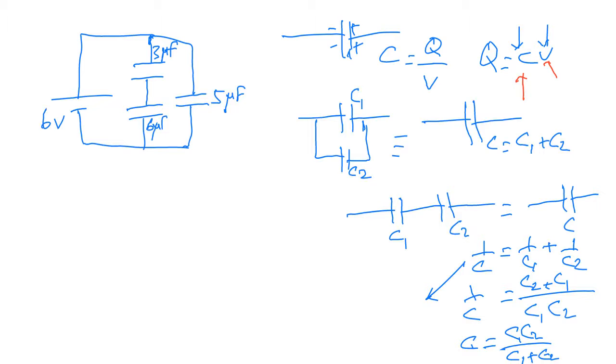If we follow one side, it goes all the way to the plus side of the battery, and if we follow the other side, it comes back all the way to the negative side. That means the voltage for that should be 6 volts. In other words, the 5 microfarad capacitor is in parallel with the 6 volt battery, so the voltage should be 6 volts.